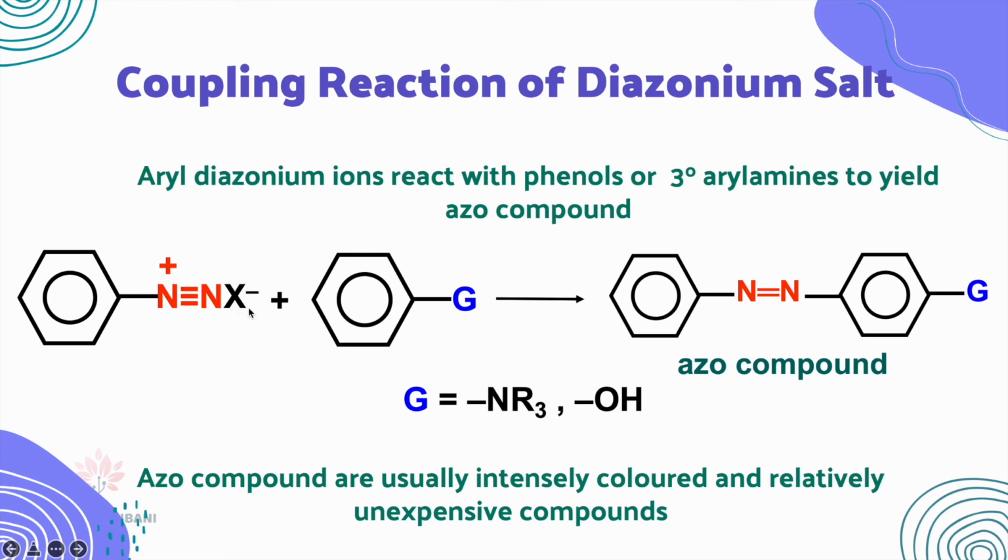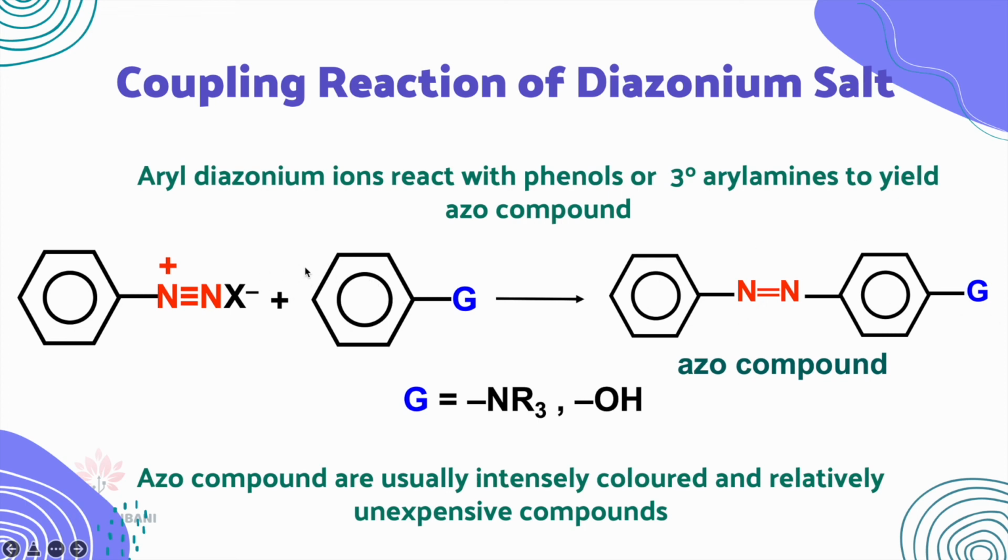The N plus is the N attached to the benzene ring, with halogen X minus. It reacts with, if this G is OH, phenol, or if this G is NR3, a tertiary aryl amine. So the aryl diazonium ion can react with phenol or tertiary aryl amines, and an azo compound will be formed as a product.